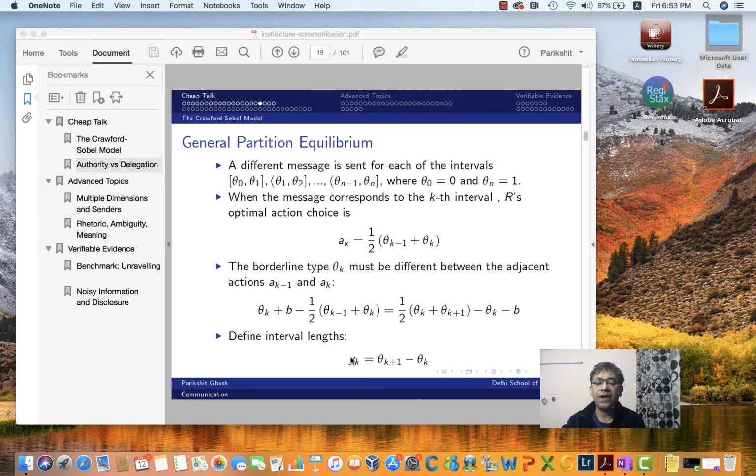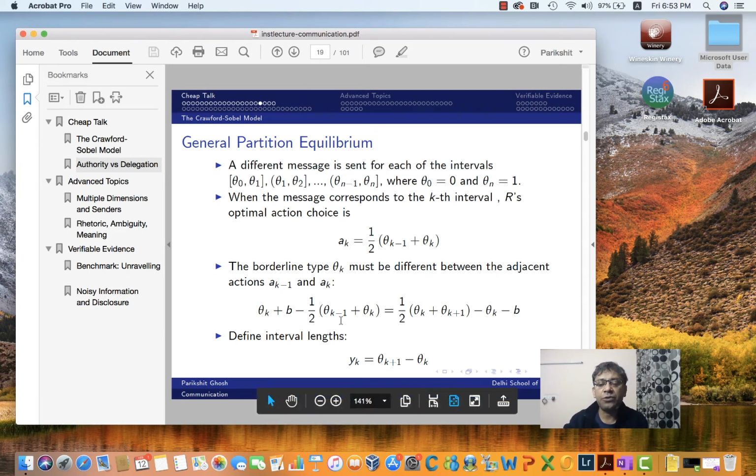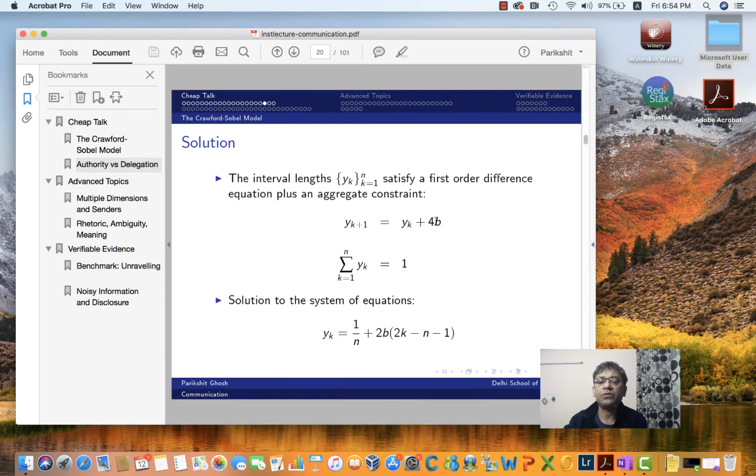So let's define yk to be theta k plus 1 minus theta k. So this is the length of the kth interval in the partition we are trying to construct. Now you can easily check that if you rewrite this equation in terms of yk rather than theta k, you will get a first order difference equation which simply goes like this: yk plus 1 equals yk plus 4b.